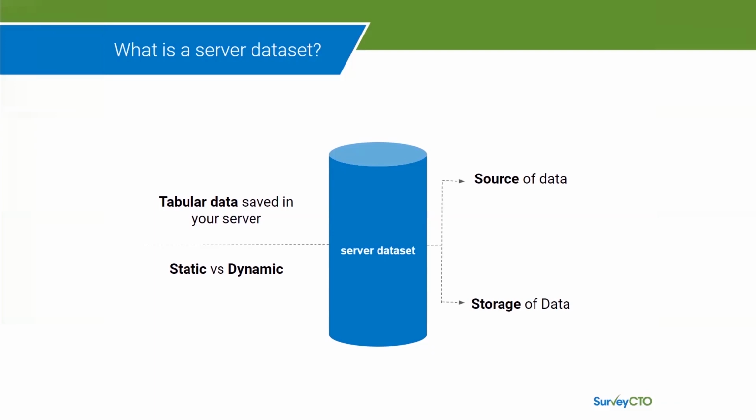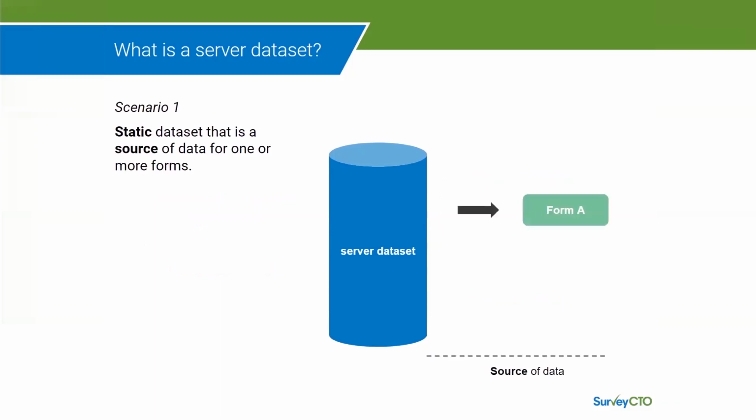From here, there are plenty of workflows you can set up. For example, you can simply use a server dataset as a source of data. As there is no publishing, this server dataset will be static. It won't change across time. You can think of it as a CSV file saved in your server.